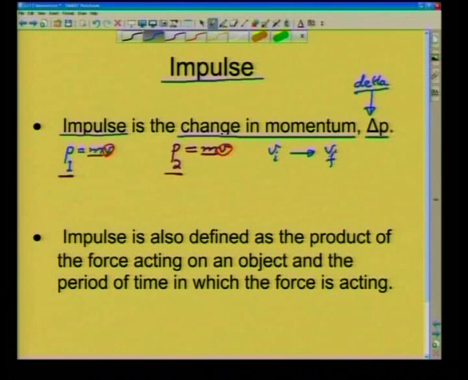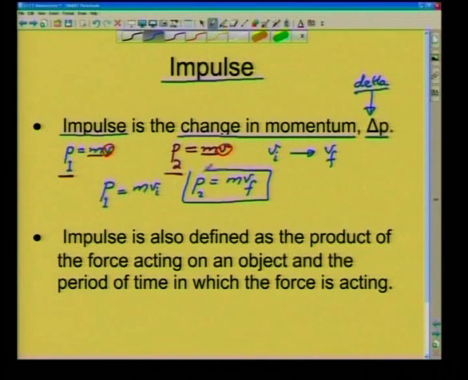So what would have happened is that momentum 1 would have been mass times initial velocity, and momentum 2 would have been mass times final velocity. Okay? Those are the two situations that are happening. It's the same object, so it is with the same mass, but its velocity is changing from some initial velocity to some final velocity. Okay?